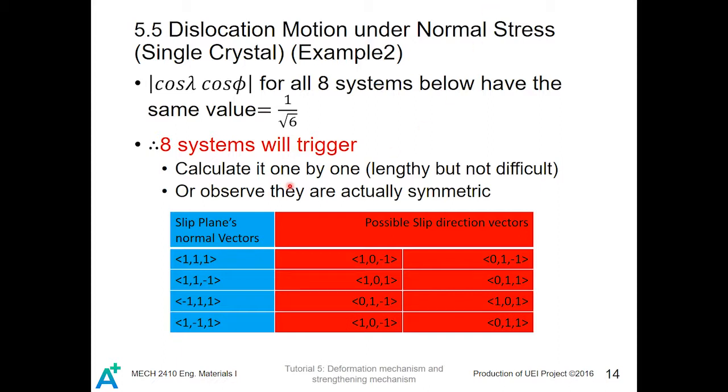And yes, it is lengthy, but as you can see, it is just 1 times 0 or 0 times 1 or 1 times -1. It is very, very easy, but this is basically just lengthy. And if you are smart enough, you can just observe that they are symmetric, and you can just calculate one, and you can already make this conclusion.